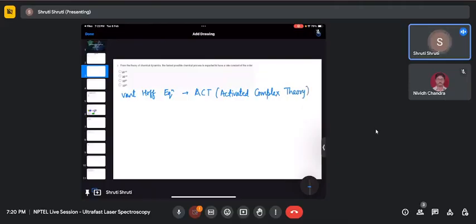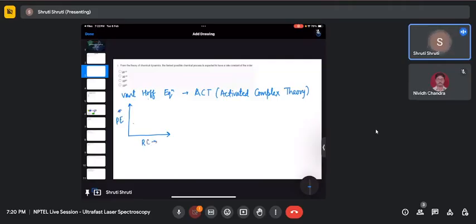So the maximum rate constant, which is K max, will be given by kBT by h. Here other terms are 1. E to the power minus 0 will be 1. Okay, so the fastest rate constant will be given by kBT by h.